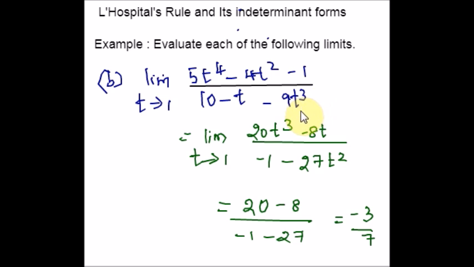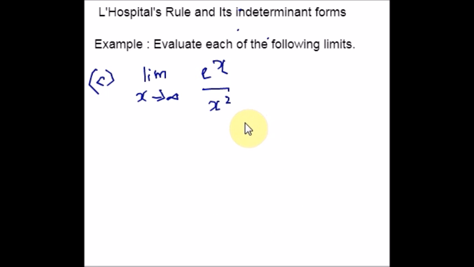Okay, now let us move on to part C of this example. This was the other limit that we started off looking at, and we know that this is of the indeterminate form infinity over infinity. So let's apply L'Hospital's rule. According to the rule, we are going to find the first derivative of the numerator and denominator separately. Now we have a small problem.